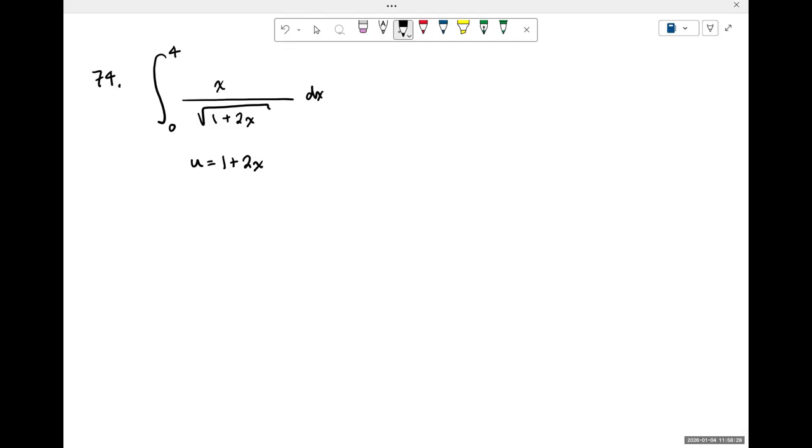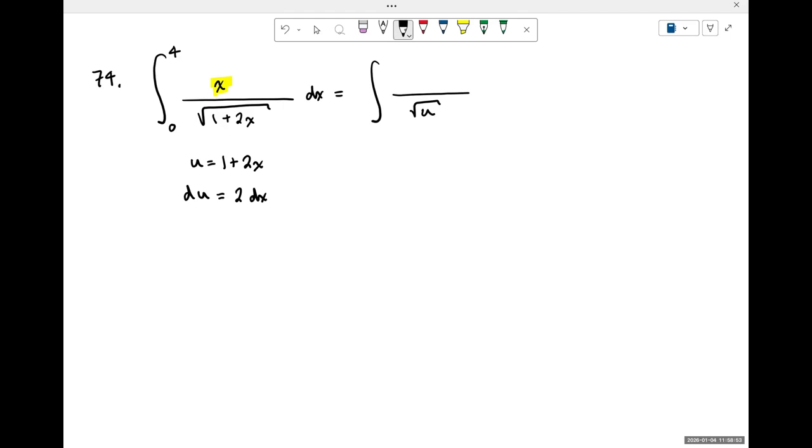So that's fine. But when we take du/dx, it's just going to be 2. So du is 2 dx. And that's also fine. But the issue is we have this little x up here, right? If I start to make my substitutions, I can see immediately I have a u here.